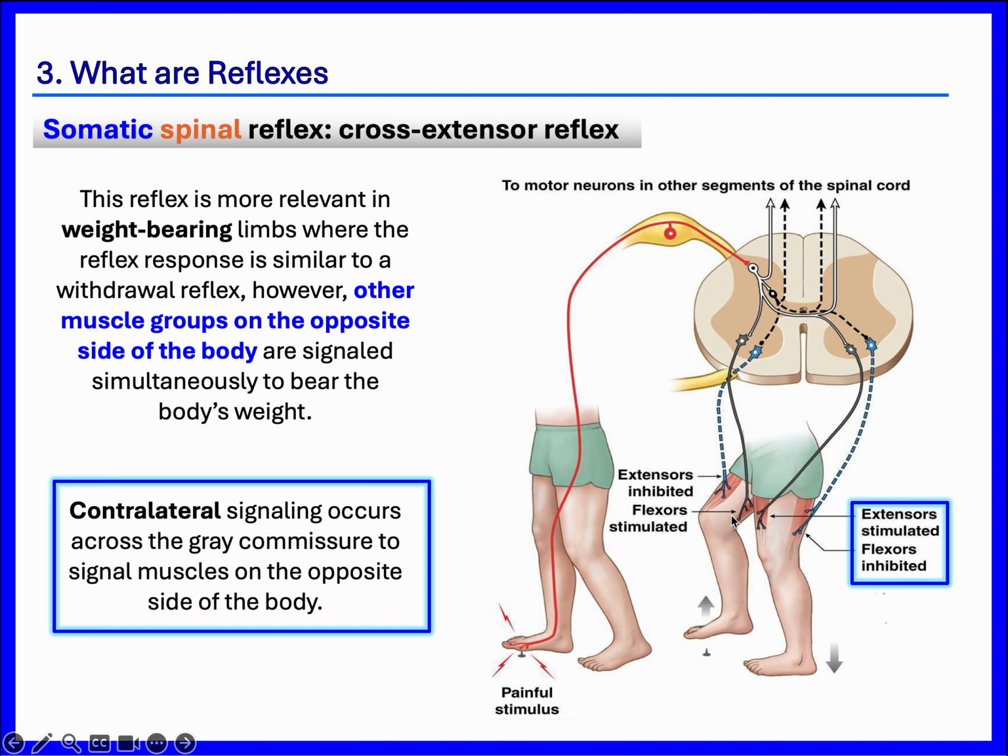This is the withdrawal. This will be the pushing down reflex, the cross extensor, because it's the cross, the other limb, that's going to try to balance and keep that muscle stable, right? So that you could bear the weight of the body on it.